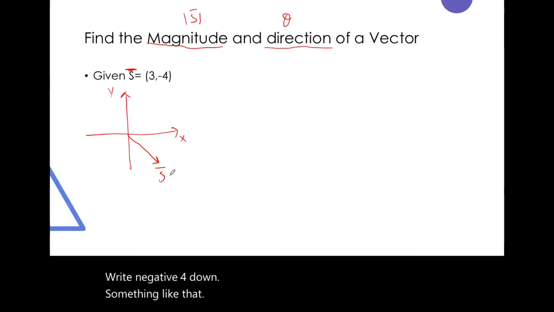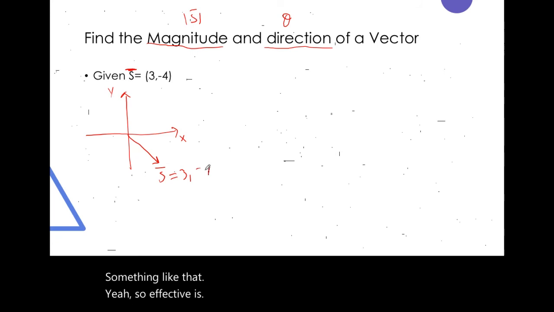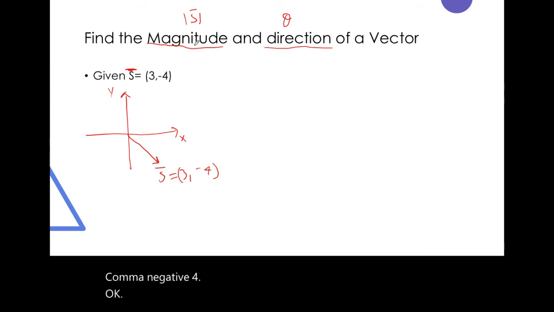Yeah, so our vector is 3 comma negative 4. Okay. And now, well, we're trying to solve for the magnitude. Let's start with that. So the magnitude is how long the vector is, all right?